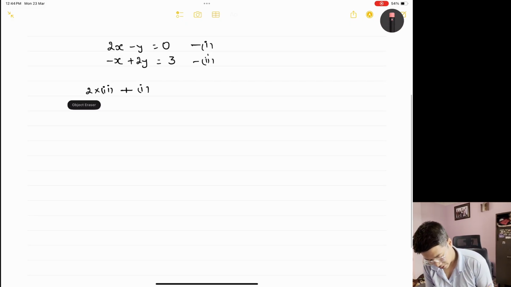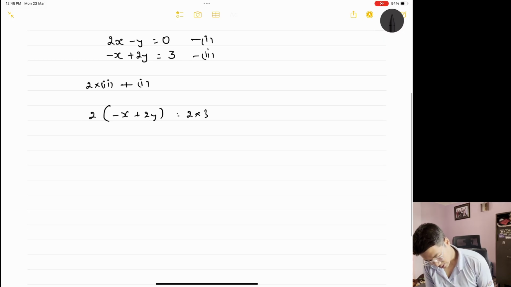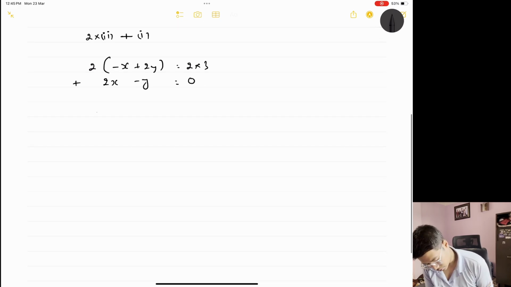So 2 times equation 1 is basically minus 2x. Let me add these.